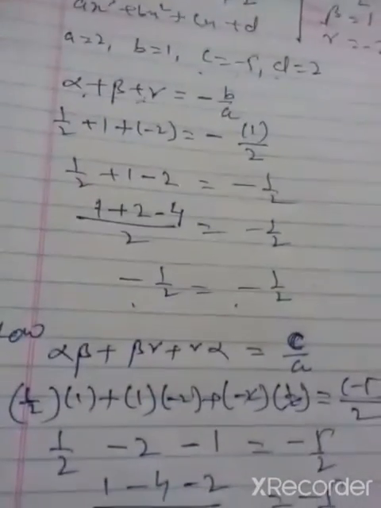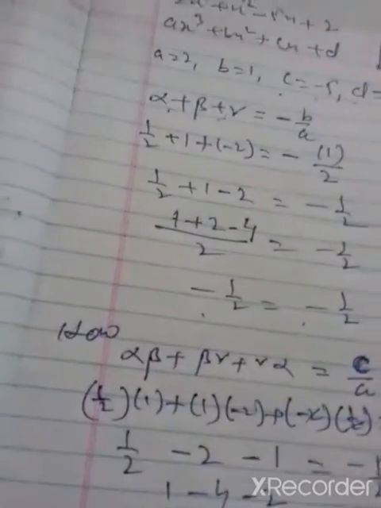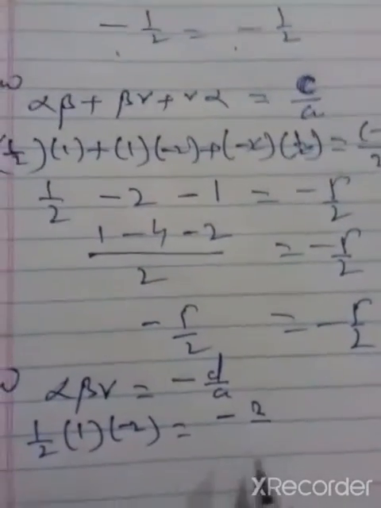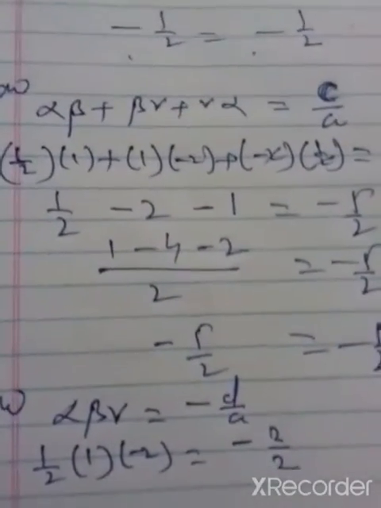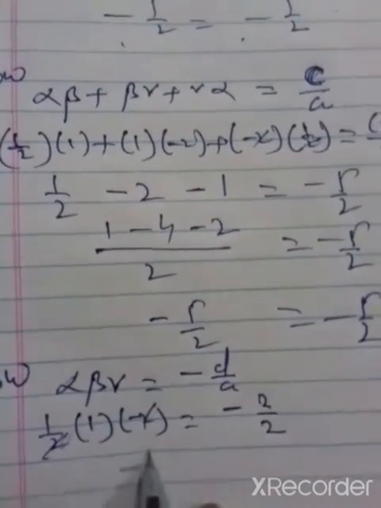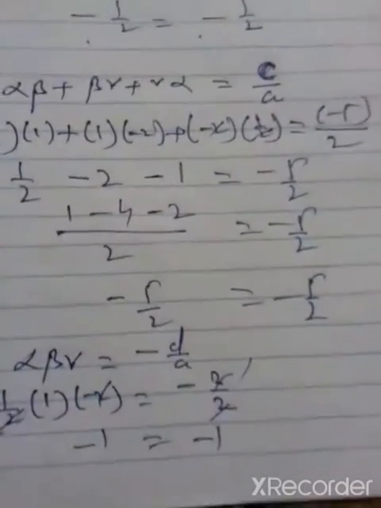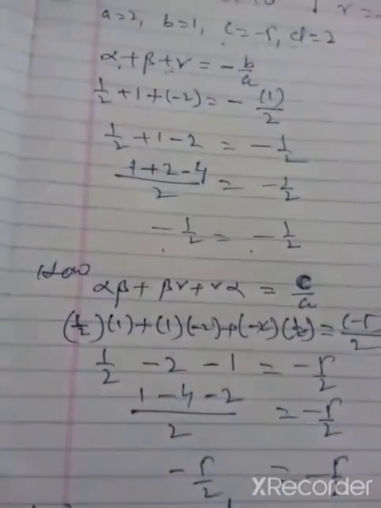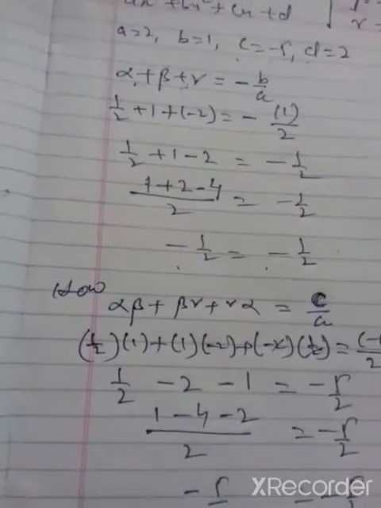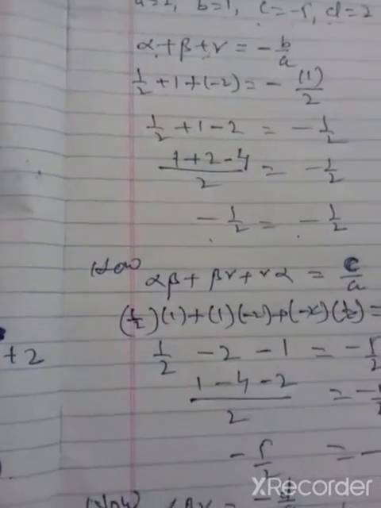See, check, d is 2, a is what? a is 2. Okay, so this 2 is cancelled by this 2, this is minus 1, 2 1s are 2, minus 1, verified. So all three are verified here. Okay, so this is how you have to attempt the second part of question number 1.